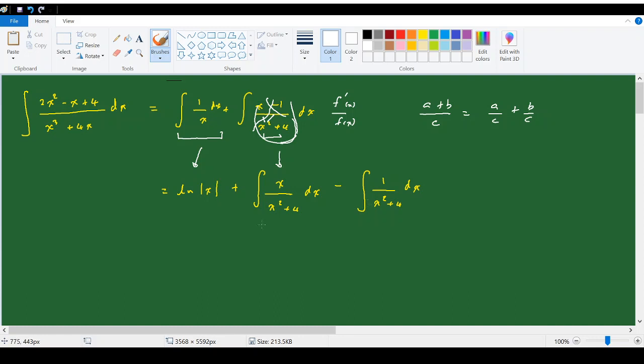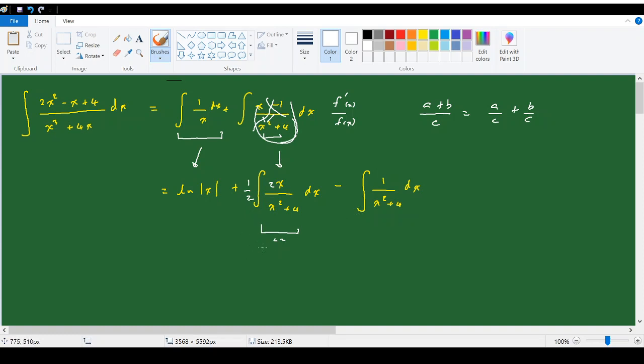And now you can see for this one the derivative should be equal to 2x, and here you have x, so we have this alteration, right? Although I said alteration, we are not doing any changes, okay? It's the same thing, but we are writing it in a different format, okay?